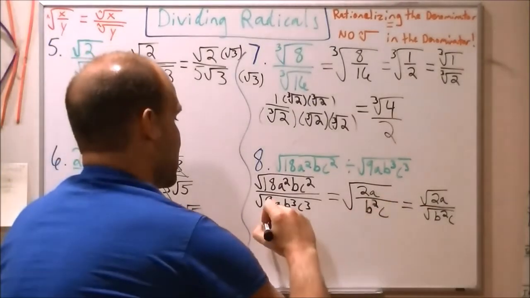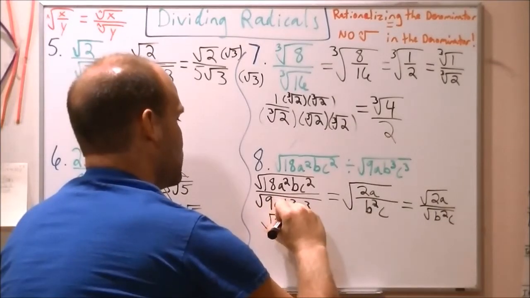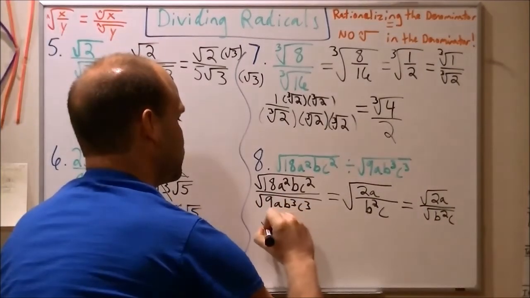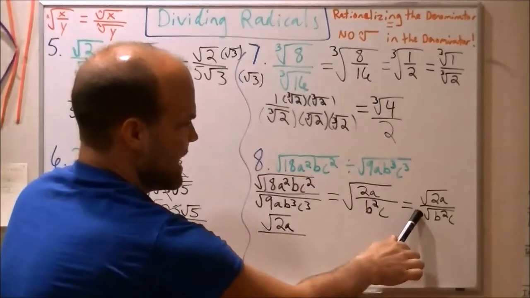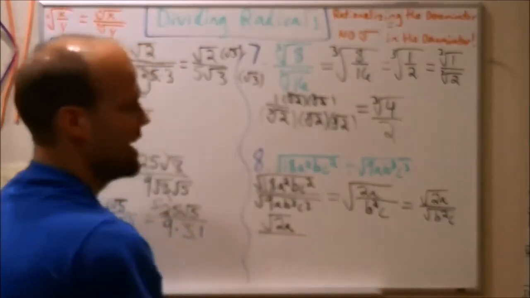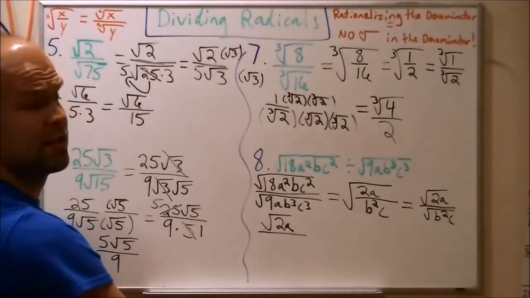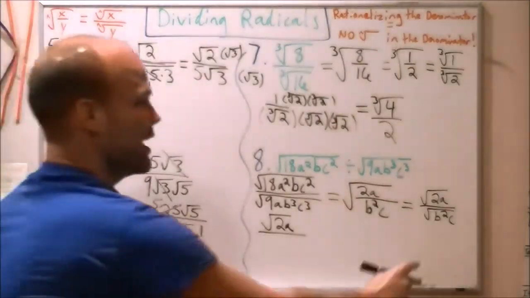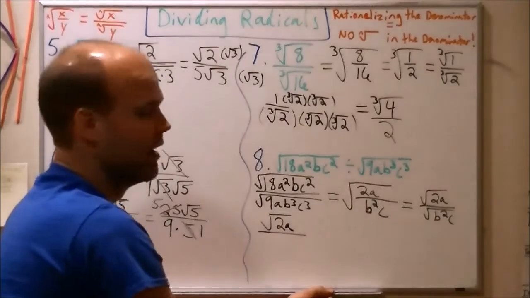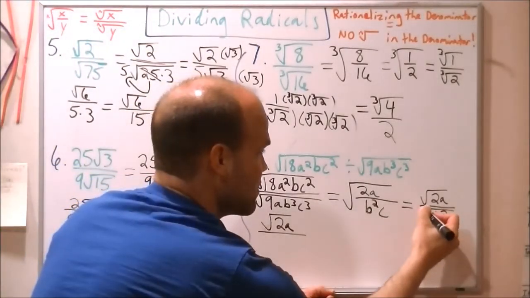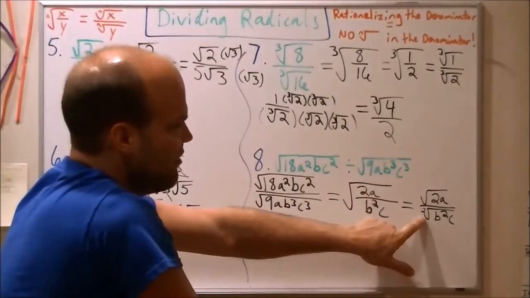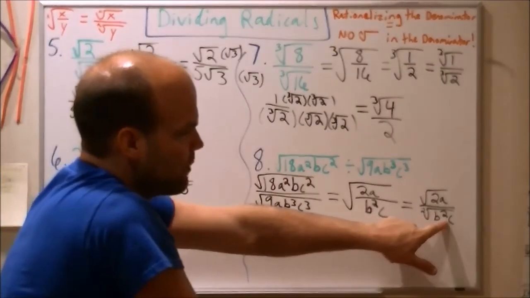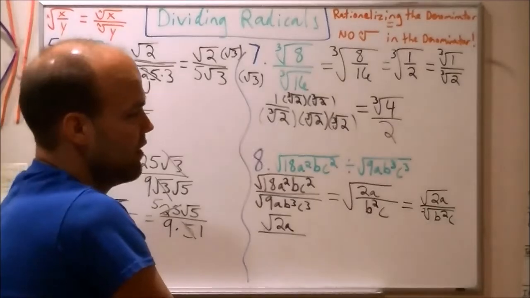I can't do anything in simplification for that 2a on top, correct? I can do something on the bottom though. Since that's a b squared, and I have a variable that is raised to the second power, what can I do with that b squared? Remember, since the square root is understood to be a 2, it's just not written, I can divide that square root power into the exponent of the variable.